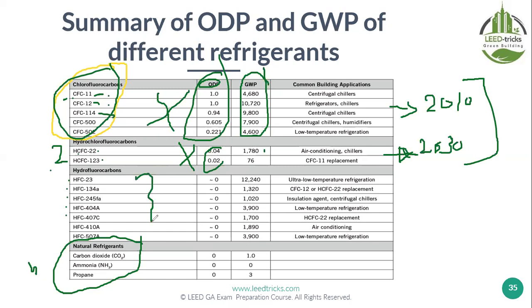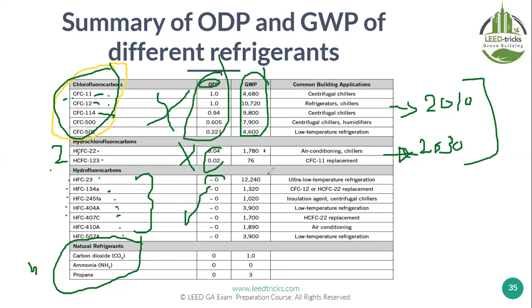HFCs are not banned. Mostly they are used in most refrigerants, based on different types of these. I don't know exactly which one, but maybe 407C, this is very common, or 404A, this is very, very widely used because it has zero ODP. So this is okay.